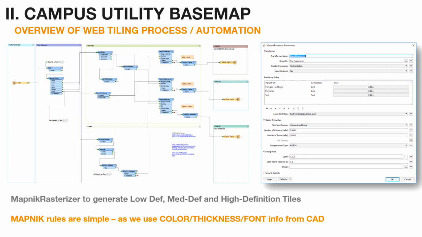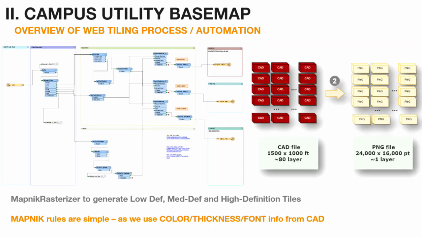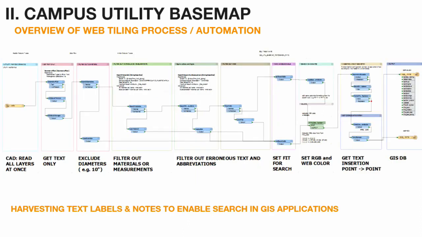We utilized the Mapnik Rasterizer to generate three different levels of resolution, depending on what zoom level you were at: low definition, medium definition, and high definition tiles. That gave us our high resolution raster images, and then we used a program called MapTiler to take all of those images and tile them together.